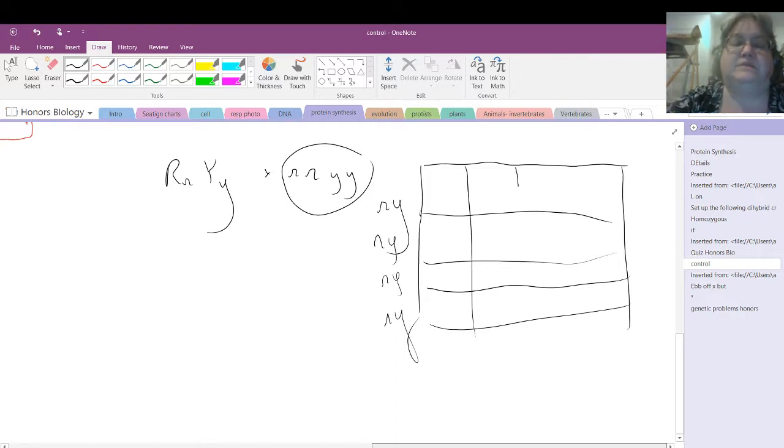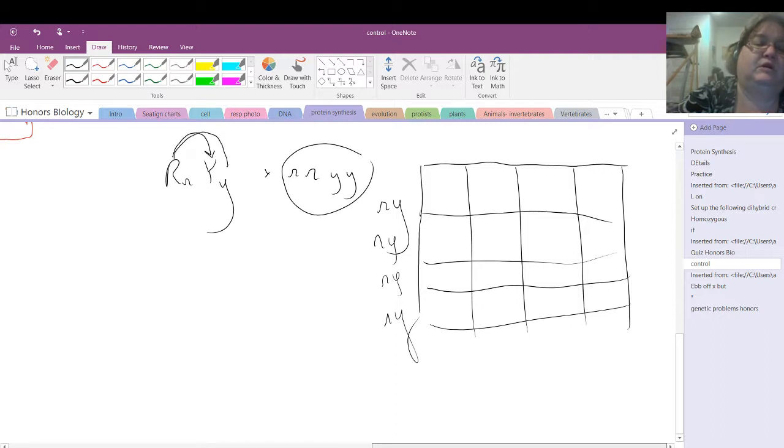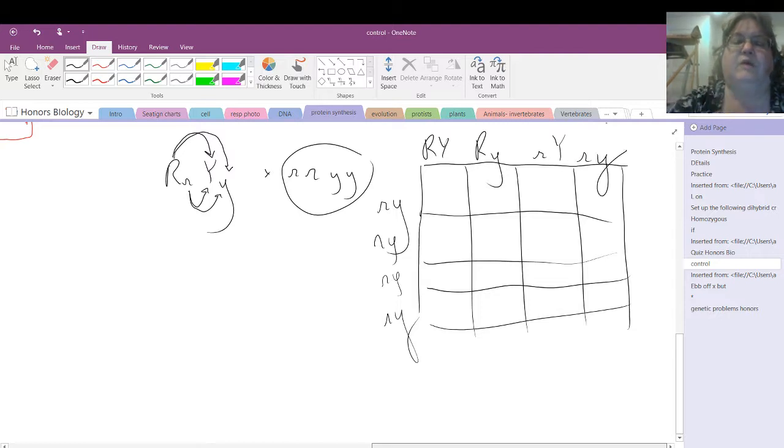But what is this heterozygous going to be? Well, the 16 square would be, let's do our FOIL, the big R with the big Y, big R, little y, little r big Y, little r little y. So we would set it up like so. And then you could figure it out that way.